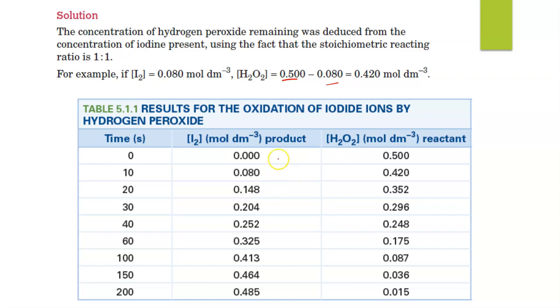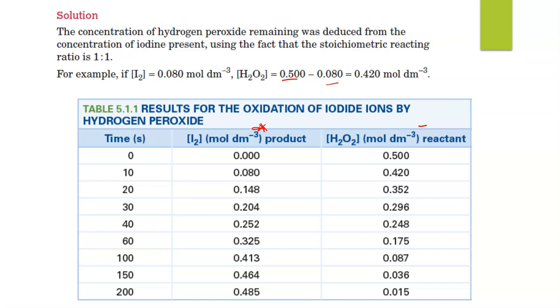So as we measure the concentrations of iodine over time, we generate this data here, and from that we can assume that this is the change in concentration of our hydrogen peroxide. We can only measure the iodine concentration, and then from that we are deducing the hydrogen peroxide concentration.